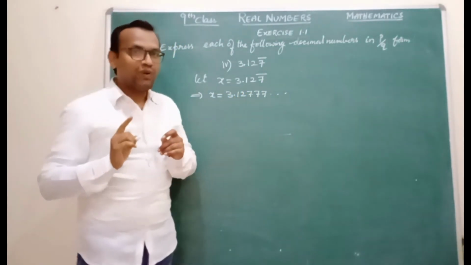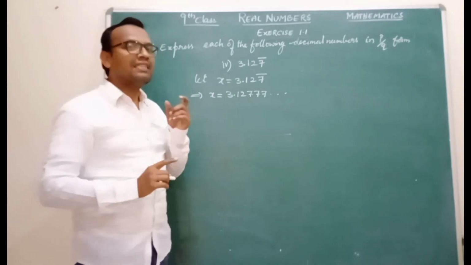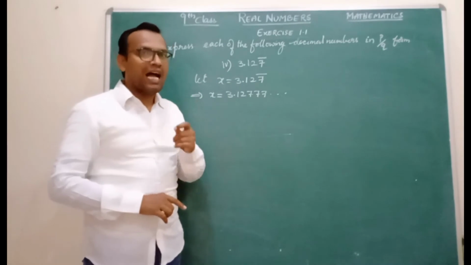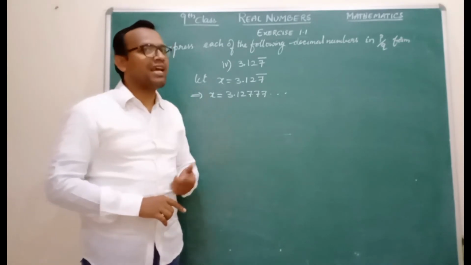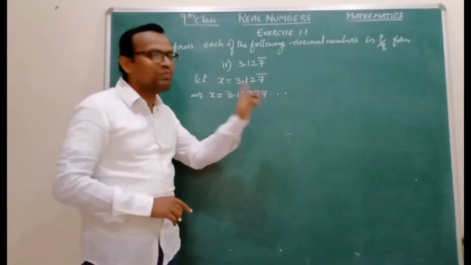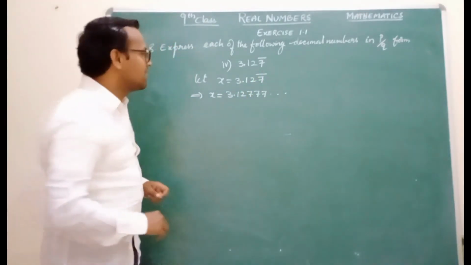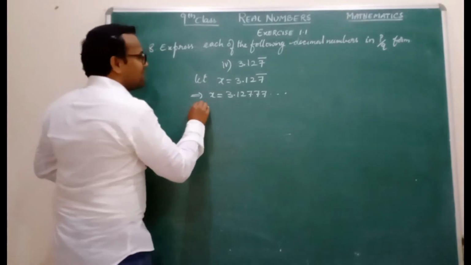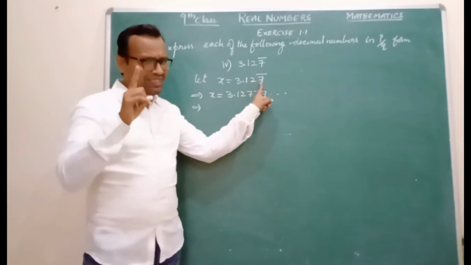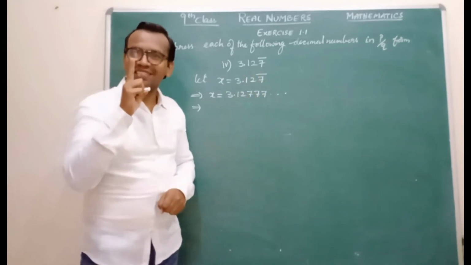Children, you have to be very careful to write the repeating part of the decimal. Which digits are having bar, those digits only has to be repeated. Here only 7 is having bar, that means 7 has to be repeated. Okay, next. And the next step is how many digits are having bar? Just one digit is having bar, means periodicity is 1.